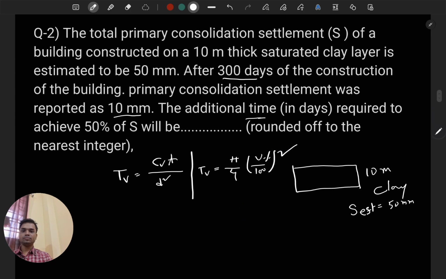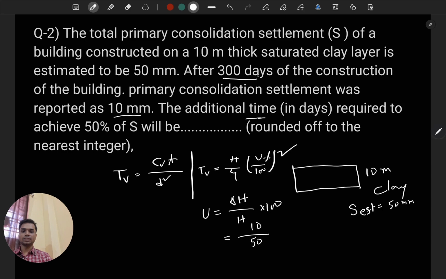But they mentioned that for 300 days the settlement is 10 mm. Then U is equal to the settlement change into 100%, so 10 by 50, because the estimated settlement is 50.